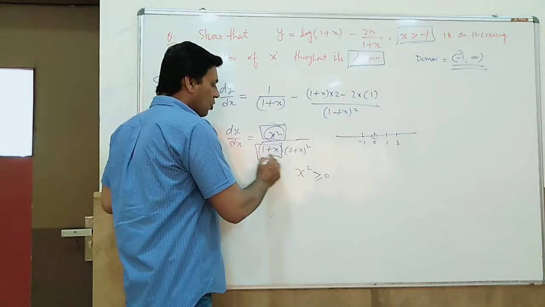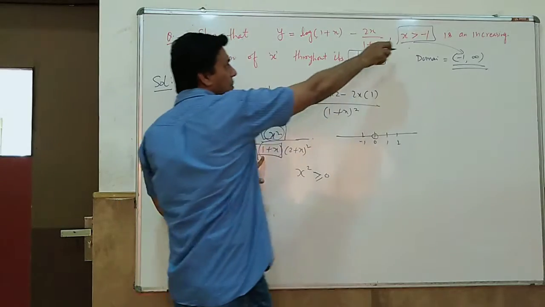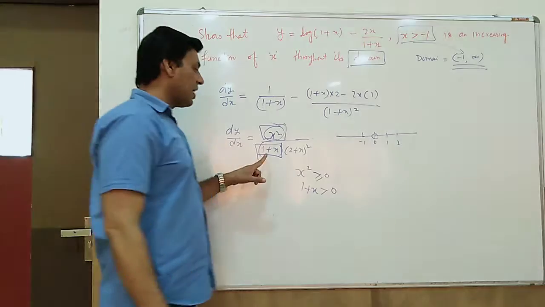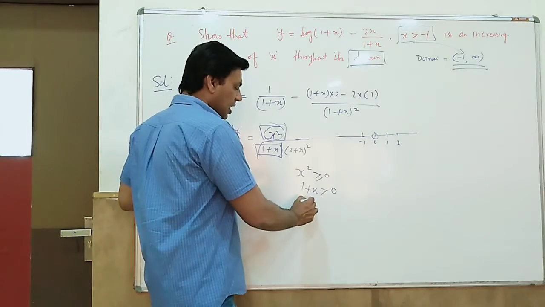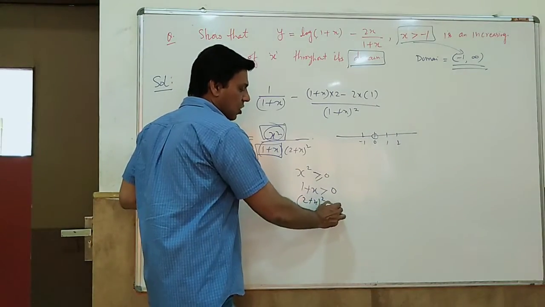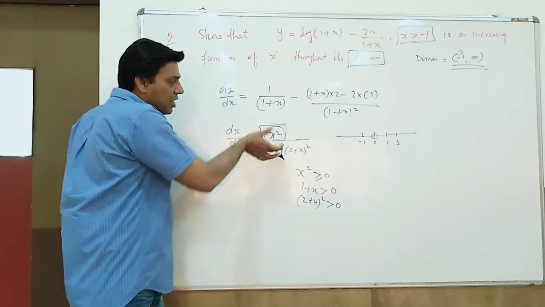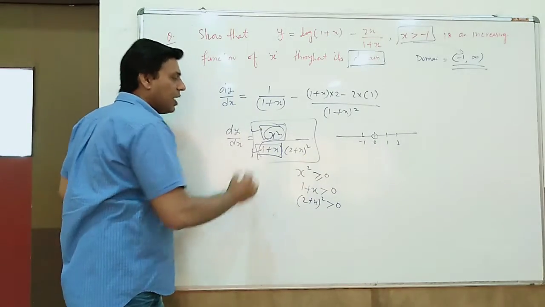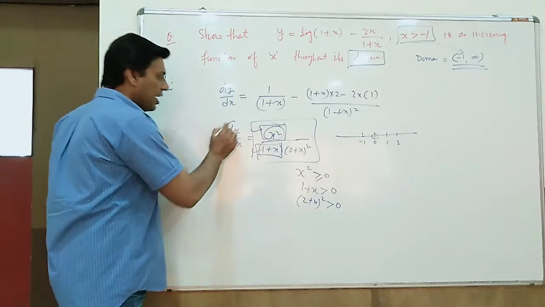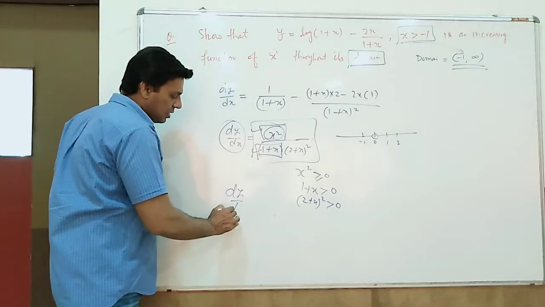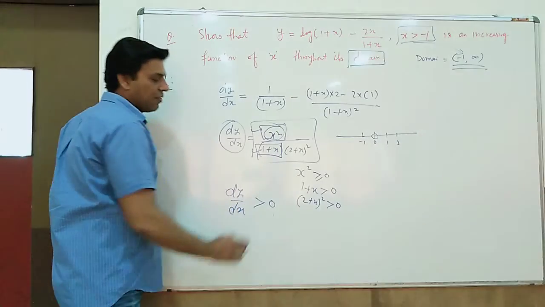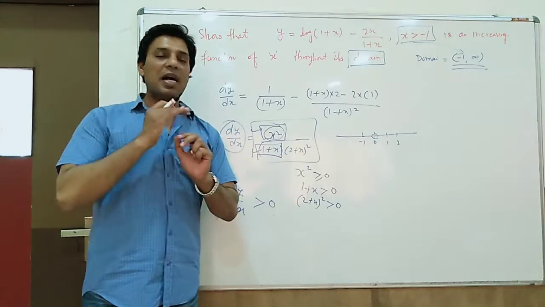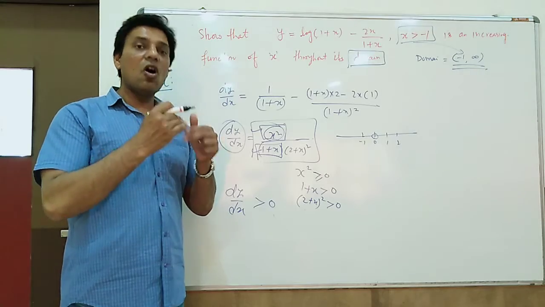Now think about the denominator. Because x is greater than minus 1, 1 plus x is always greater than 0, always positive. Similarly, (2 plus x) square is always positive. It means there is no negative value in the numerator or denominator. So your dy upon dx can never be negative. It may be 0 in a particular situation when x is equal to 0, but never negative. So it will be 0 or greater than 0.